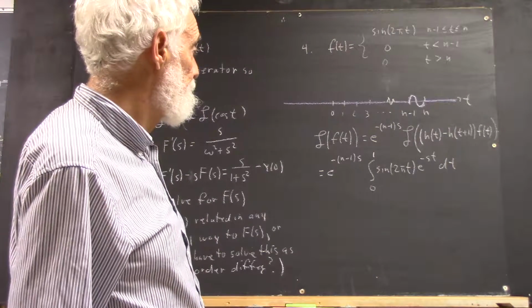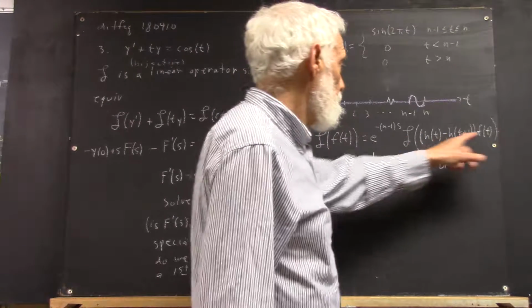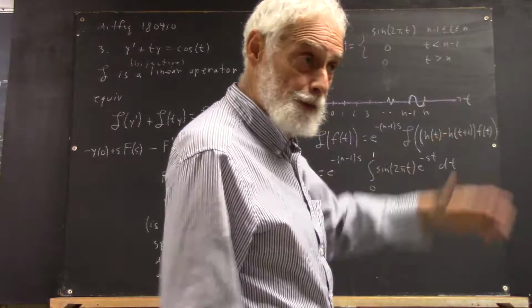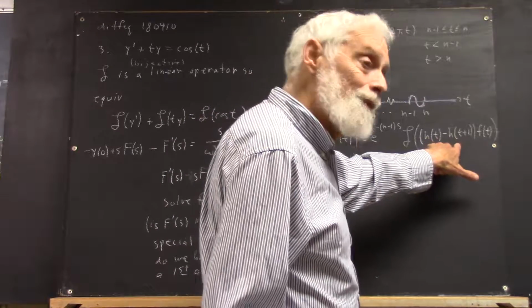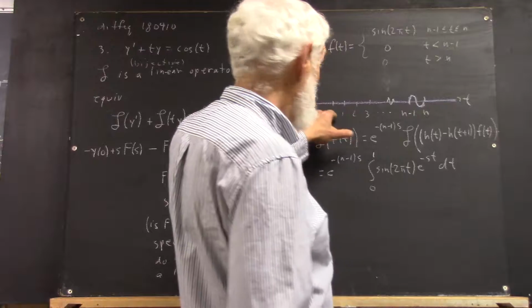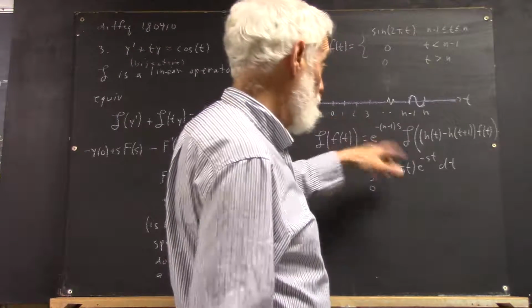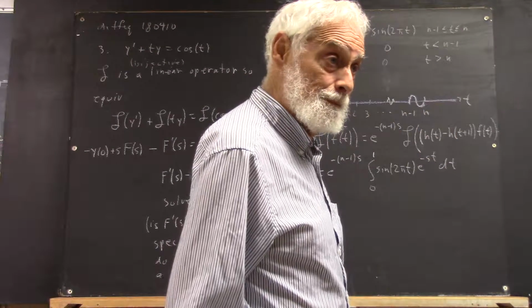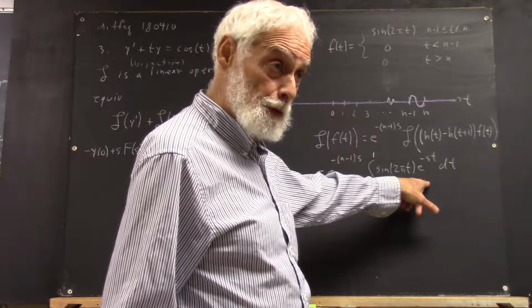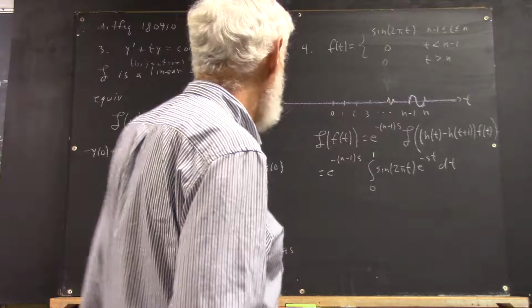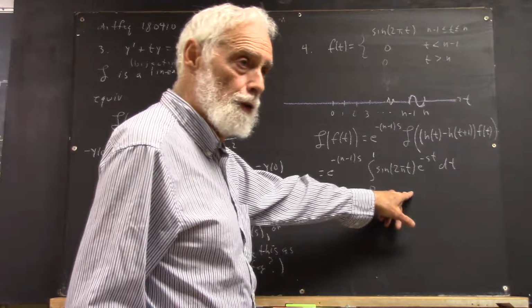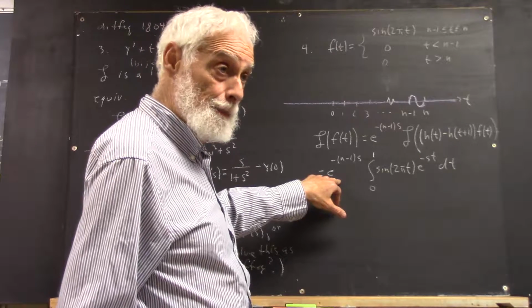The Laplace transform of this just basically has your sine function between 0 and 1 and 0 every place else, because the difference of these two functions is 0 everywhere but on the interval from 0 to 1, and it's 1 on that interval. So that reduces it down to just this integral, and that's an easy enough integral to do. So you get a result here in terms of n and s.